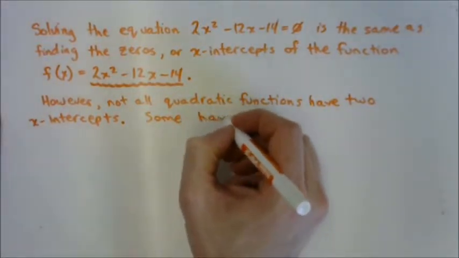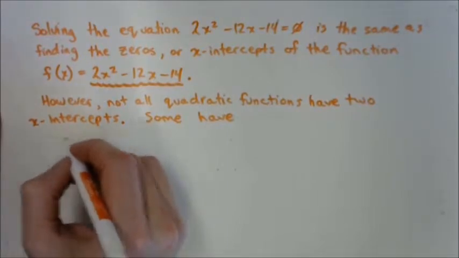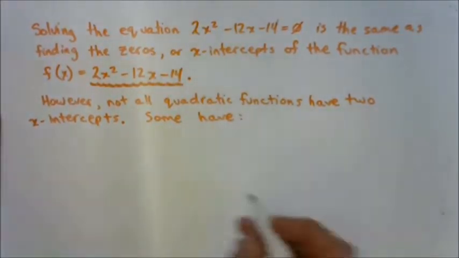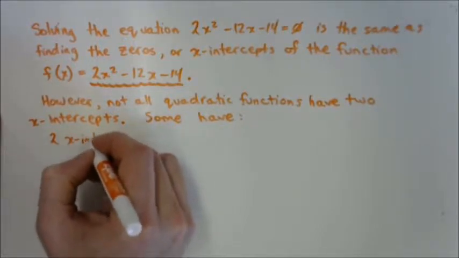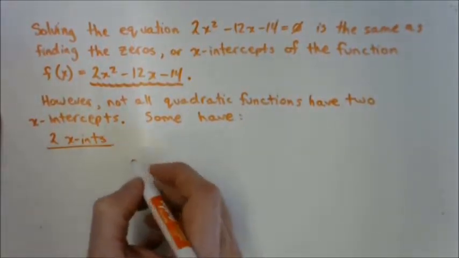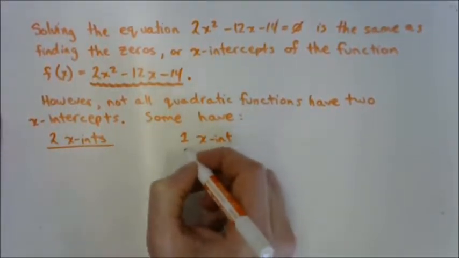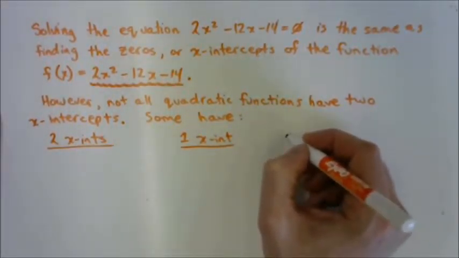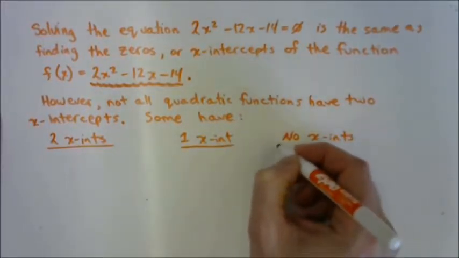Some have, and we're going to do this, three little diagrams. Some have two x-intercepts, some have one x-intercept, and some have no x-intercepts.